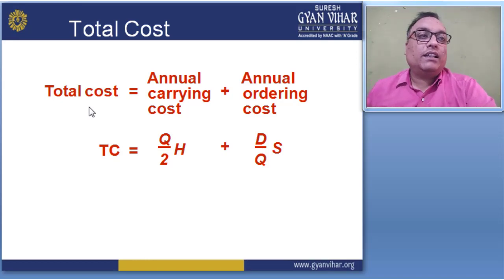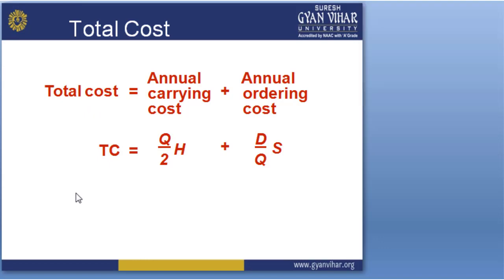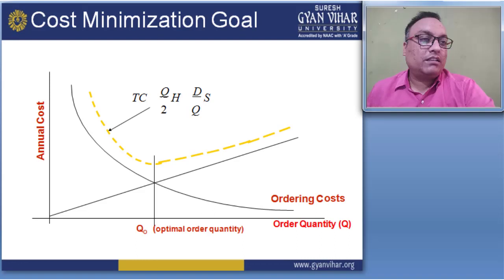And here is one graph which shows the cost minimization goal. Here it is total cost, QH by 2 plus DS by Q. This is the bathtub curve of the order quantity.